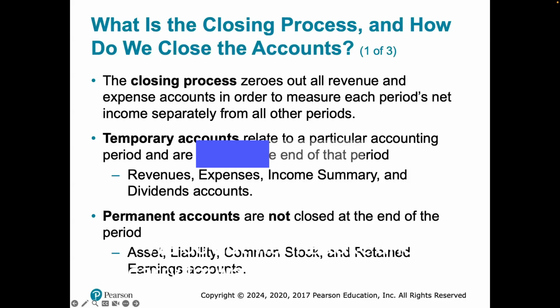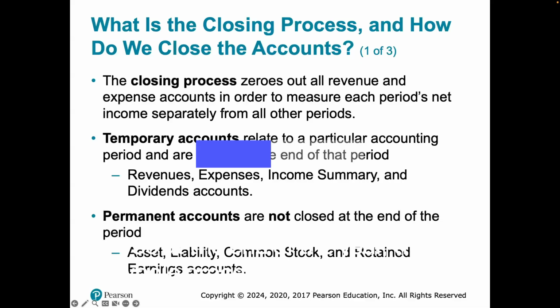We do not want to carry forward these accounts, as we treat them as temporary accounts, right? These accounts will transfer over into other accounts. Revenue and expenses give us our net income, which then transfers over and eventually ends up in retained earnings.